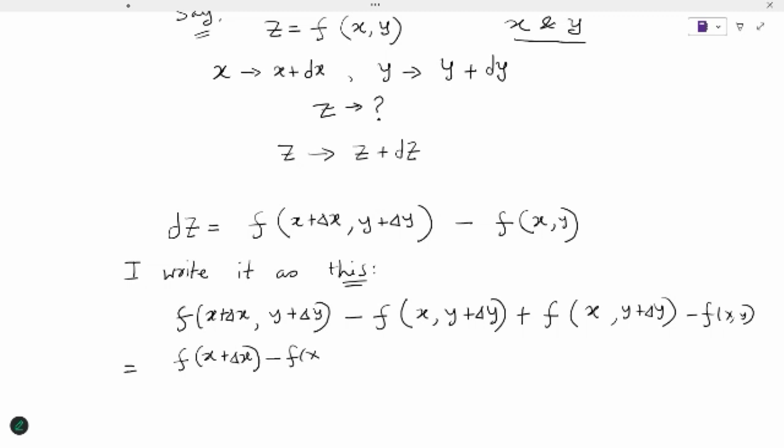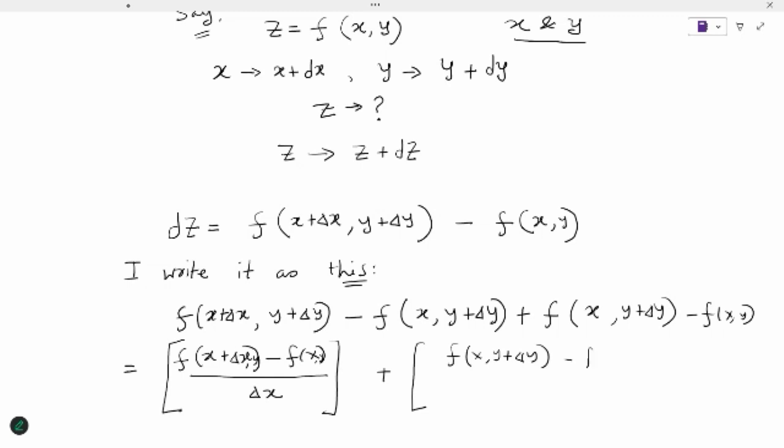So now this can be written like this, that is f of x plus delta x minus f of x. We have y here, as this is fixed, we are not considering the fixed part here. So divided by delta x, this is one part, plus f of x comma y plus delta y minus f of x y divided by delta y.